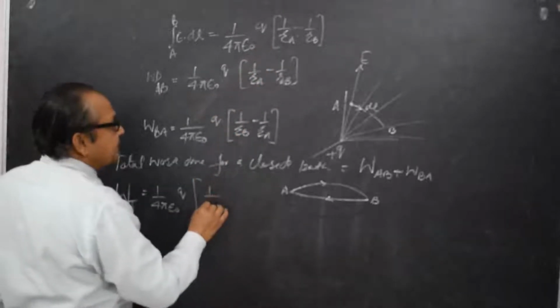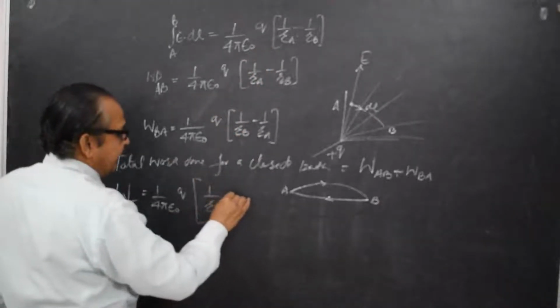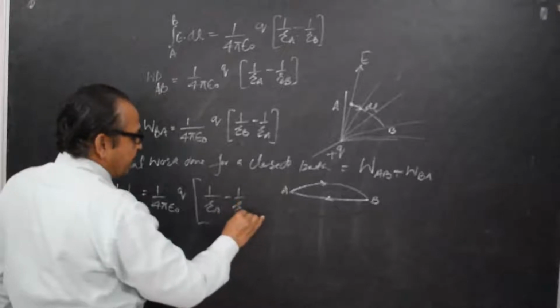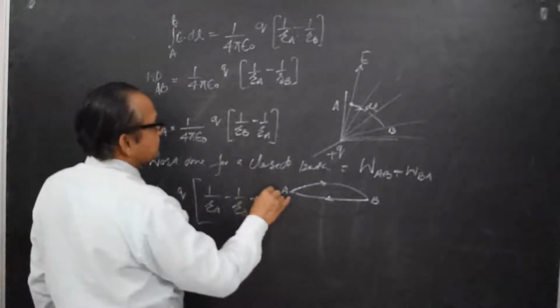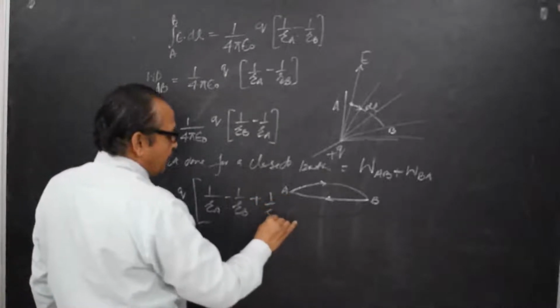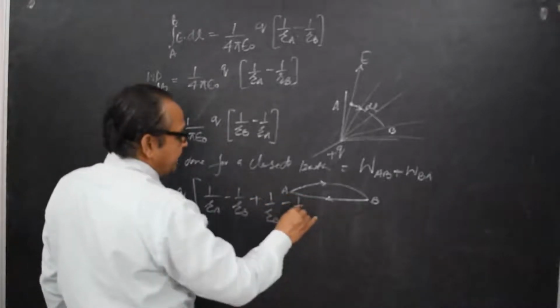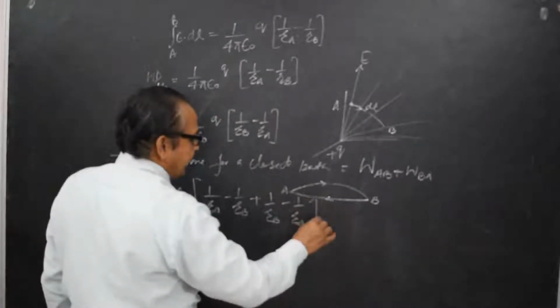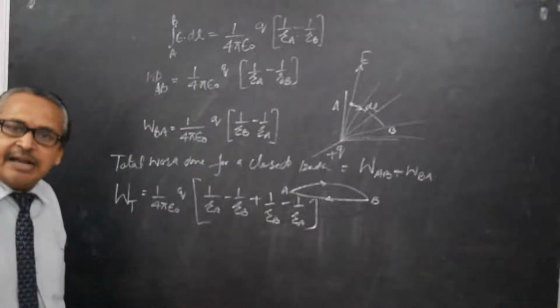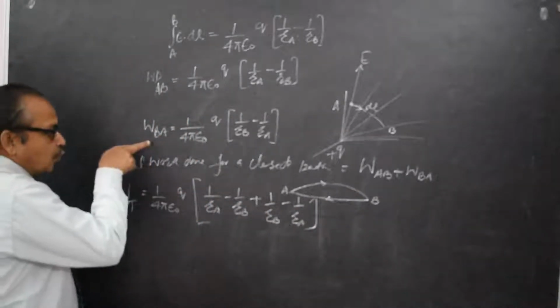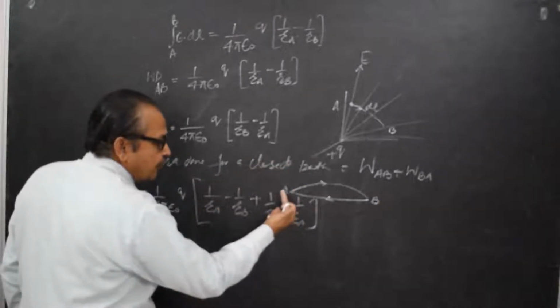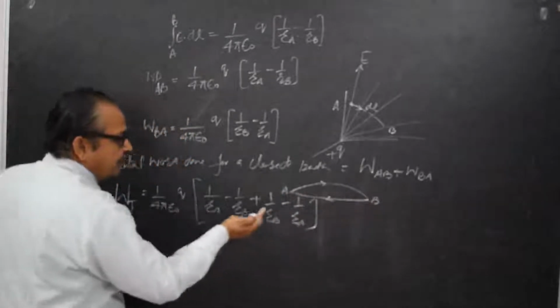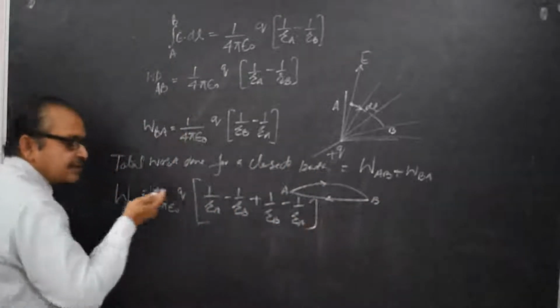WA is 1 over RA minus 1 over RB, plus 1 over RB minus 1 over RA. Any doubt? The total work done will be the sum of the work done from A to B, then from B to A. This is the closed path.